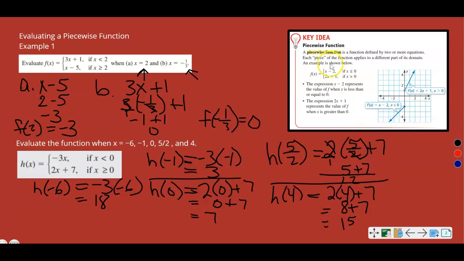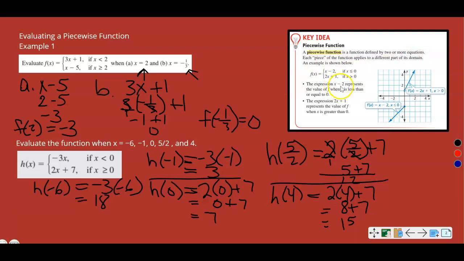All right, so you do have a key idea right here where it says piecewise function. A piecewise function is a function defined by 2 or more equations. So 2 or more, it can be more than 2, but both of these that we have looked at had 2 parts to the equation. And each piece of the function applies to a different part of its domain. An example is shown below.